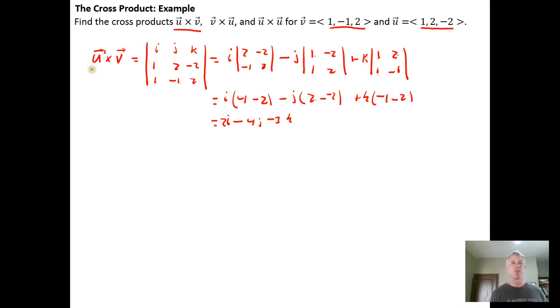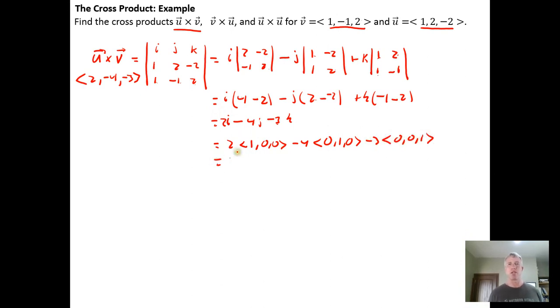So ultimately when we do u cross v, the result that we wind up with is the vector 2, negative 4, negative 3. And if you don't see immediately why that's the case, just replace the i with the vector 1, 0, 0, replace the vector j with the vector 0, 1, 0, and replace the k with the vector 0, 0, 1. And then distribute and add. So we would get 2, 0, 0.